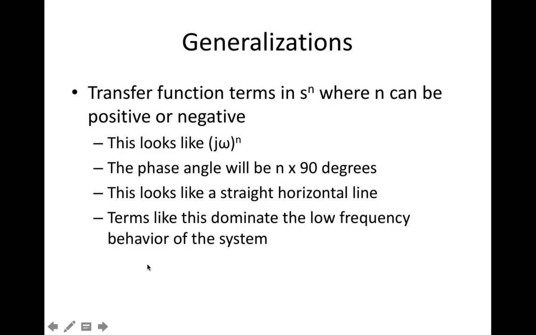So once again, terms like this will dominate the low frequency behavior of the system. And just like in the magnitude plot, finding the low frequency behavior is extremely important, because if you get the initial phase angle incorrect, then everything you add or subtract will be off by that amount.